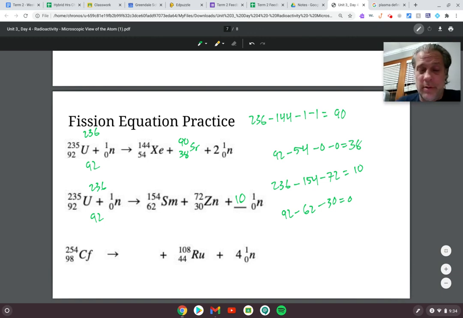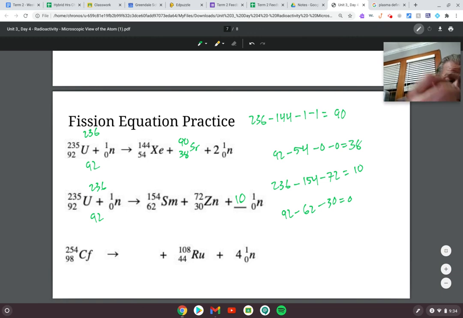So that one is a little bit different. And so now here we have californium, which is the last example. And in californium's last example, there appears to be no neutron present. And the issue with californium is it's so unstable by itself that it doesn't need something to create that unstable nucleus. So it tends to undergo fission on its own.